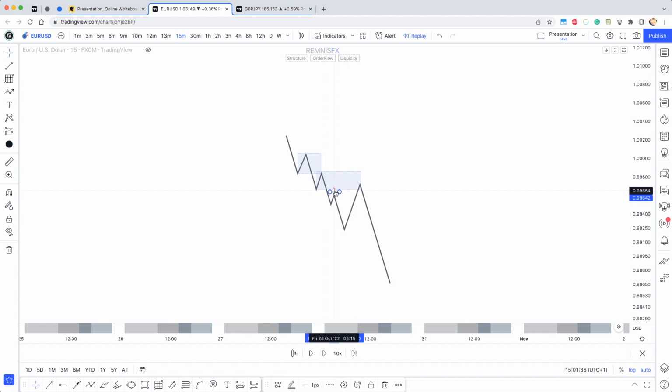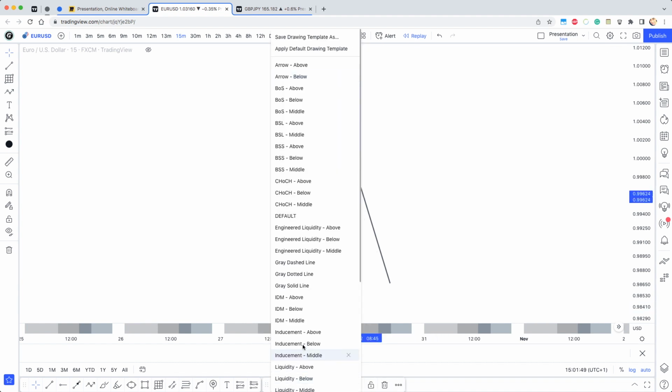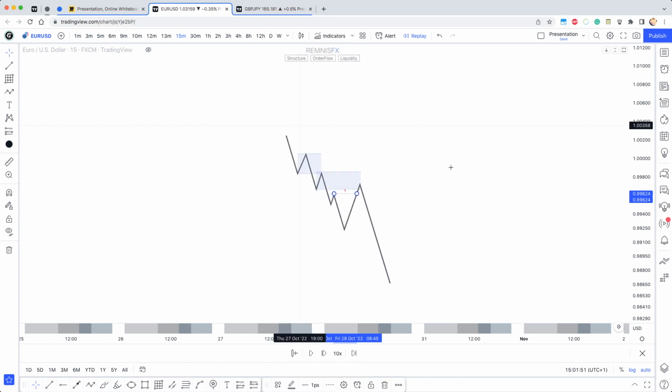So your liquidity here, your inducements, most of the time, if not every time, will be like a buy side liquidity sweep or taken out, right? So look for these patterns.